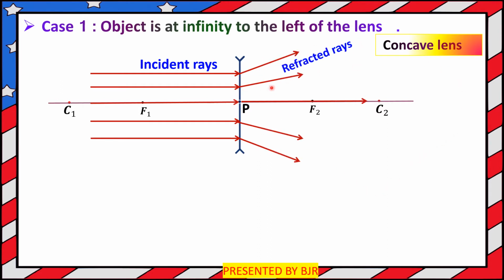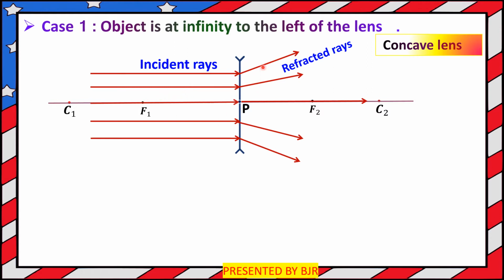If you observe all these refracted rays carefully, they are diverging rays. They are not converging rays. If you extend them forward even up to infinity, they never cross one another, they never intersect. So for an observer at this position, this ray appears to be coming from the focal point here.